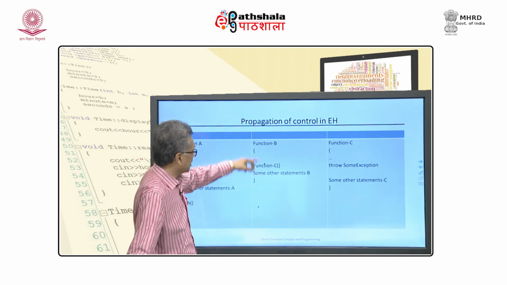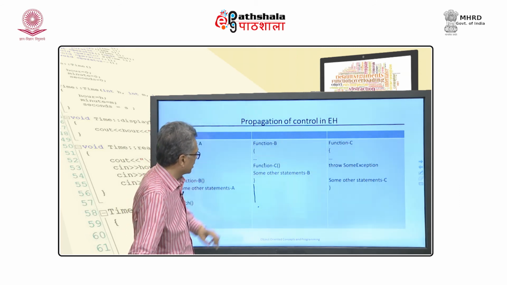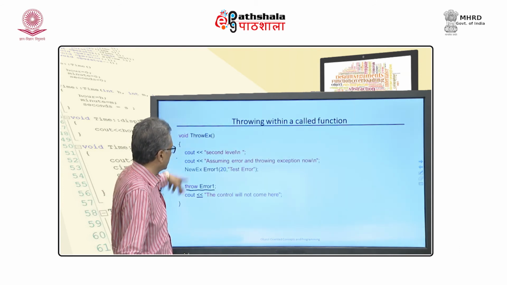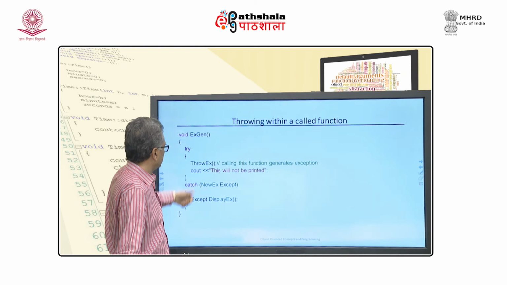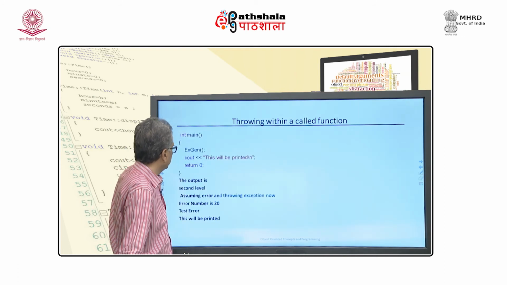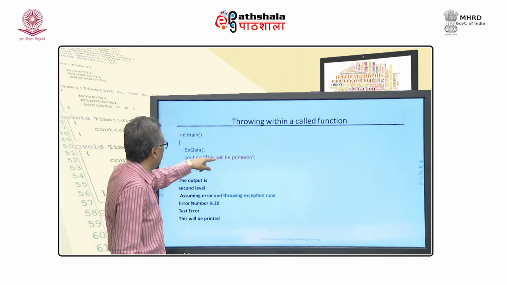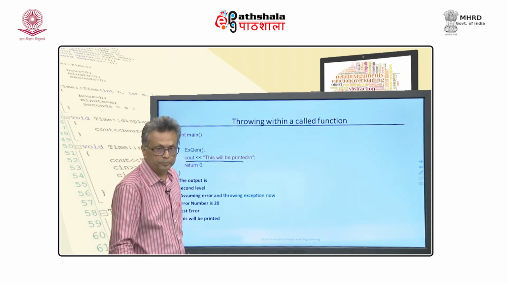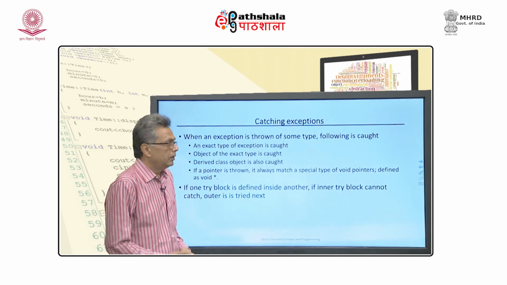But we are checking the error right here. This is the last function. This is the second function which is being managed here, and because it is handled here, this statement is executed. So you can see that is happening here.